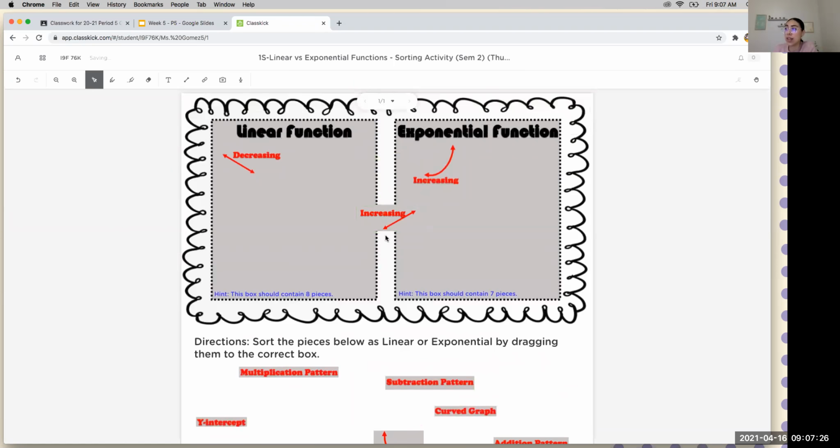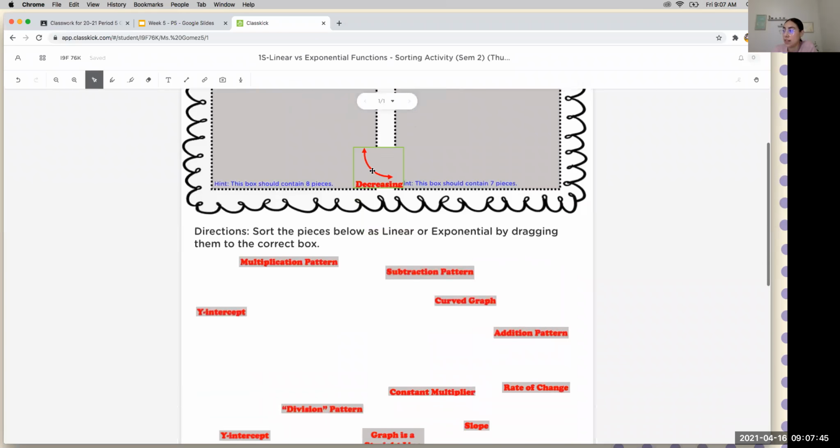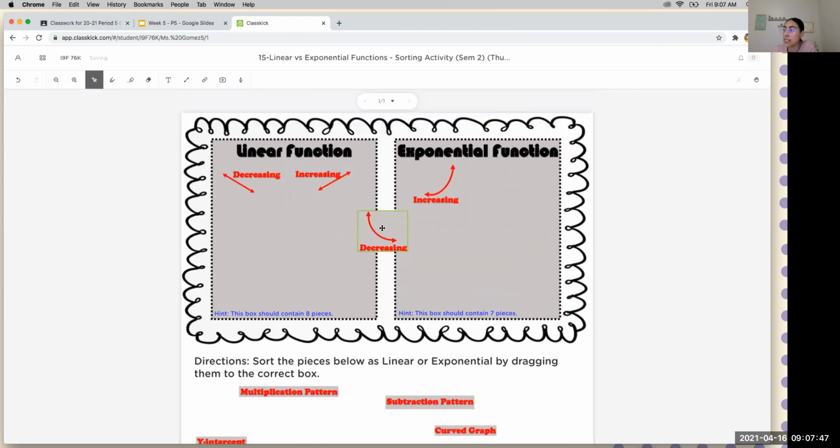This is another line, but notice it's going up. So we say increasing. Thumbs up linear, clap if it's exponential. Thank you, guys. Yes, this is linear. Last graph here, we have a decreasing, not a line, but a curve.